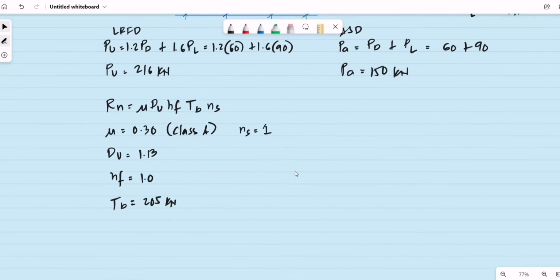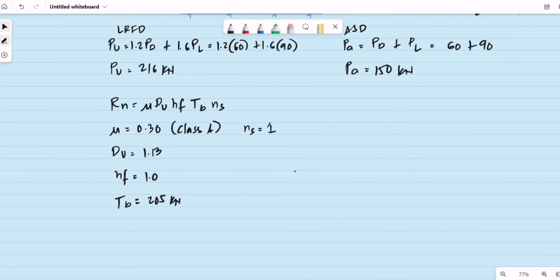Okay, so we are now to compute the required capacity per bolt. R sub n, the resistance of 1 bolt, is 0.30 multiplied by D sub U equal to 1.13. H sub F is 1. T sub B is equal to 205 kilonewtons. The number of slip planes is 1.